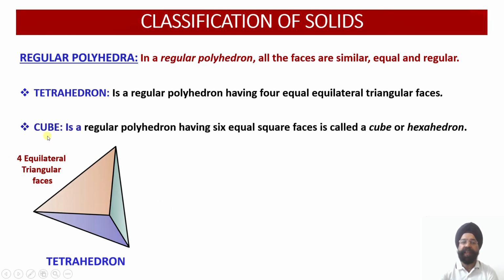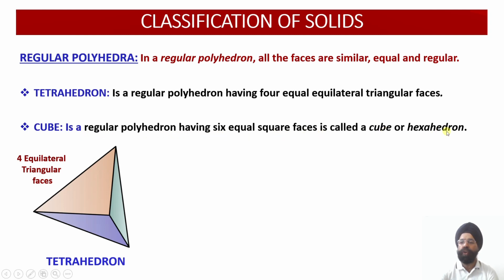Then the second example of the regular polyhedra is the cube. Cube is also known as a hexahedron, because it has 6 square faces. Hexa means 6. So the cube is a regular polyhedron having 6 equal square faces.